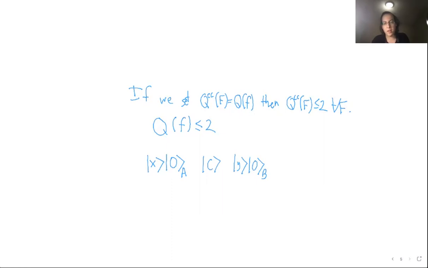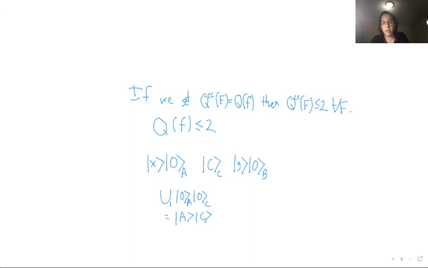Let's name this register C. So what happens is, at first, Alice applies some unitary U1 to these two registers. Let's say it starts with a 0 in C. And she gets some kind of result like this, and then she passes C along. So C gets sent along.